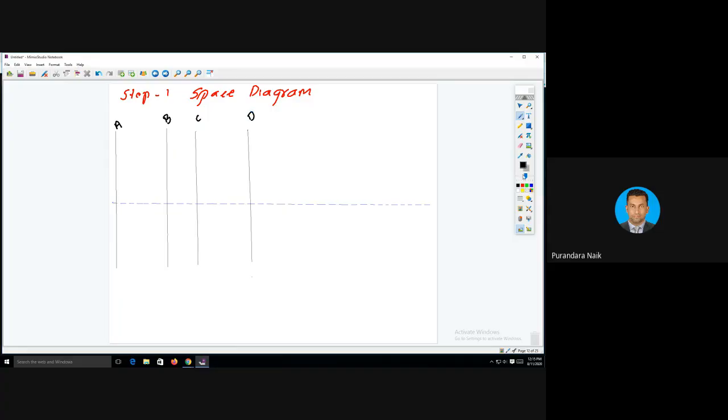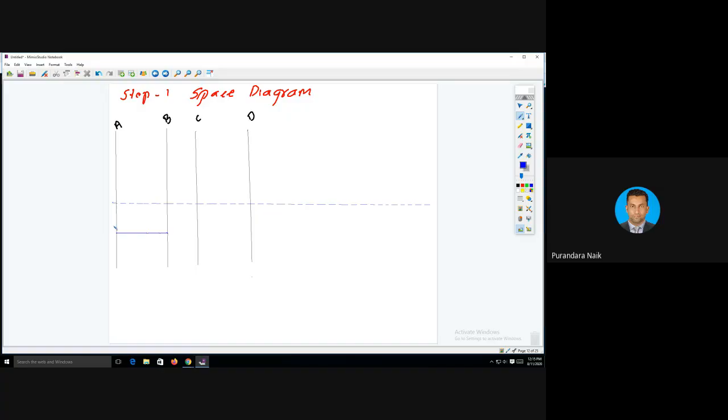Let us consider the distance from plane A to B, which is 300.